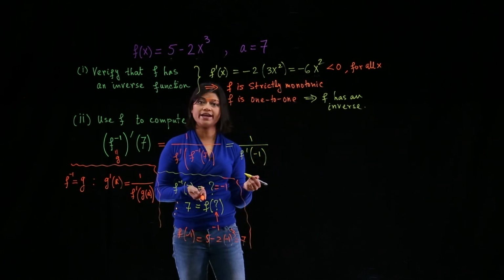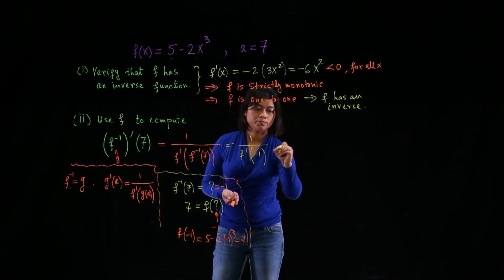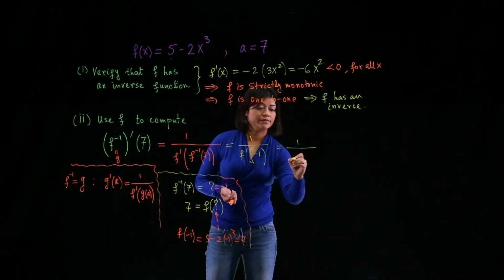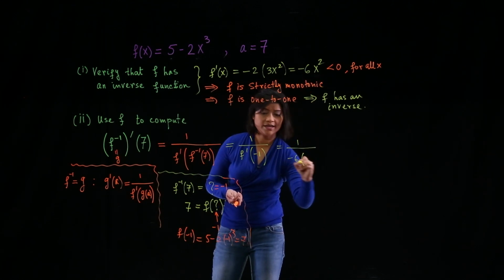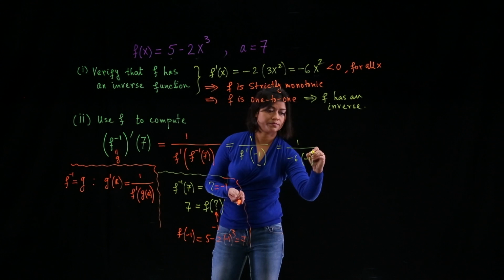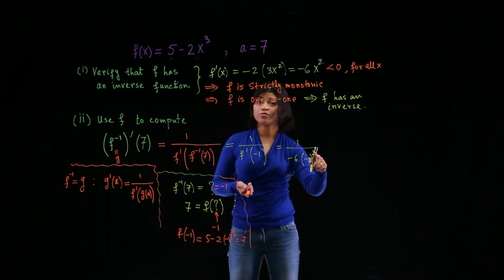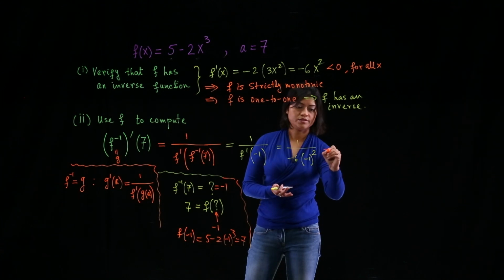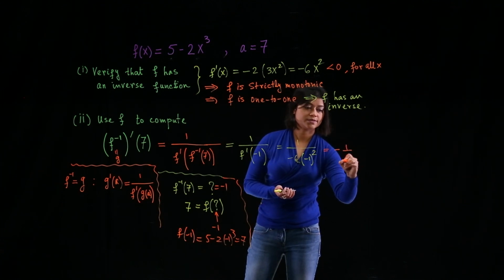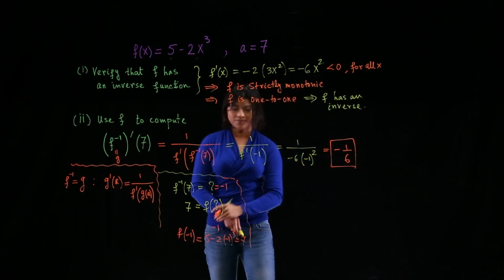So you just have to plug in negative 1 in the derivative. So 1 divided by, you know, it's negative 6x squared. So negative 6 times negative 1 squared. So negative 1 squared is positive 1 times negative 6. Answer is negative 1/6. Thank you.